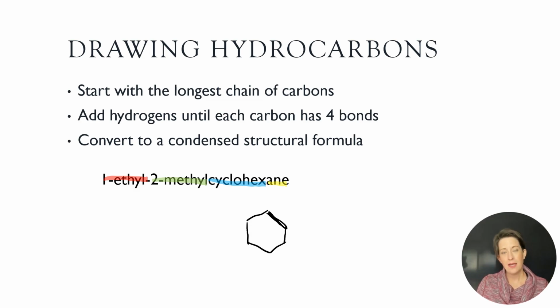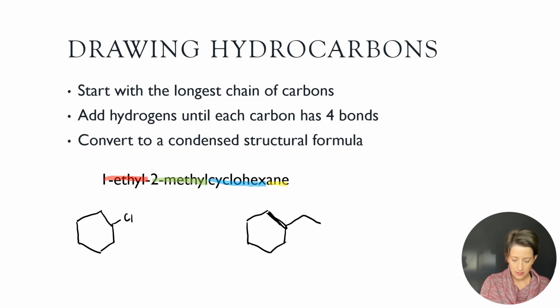Then I have a 1-ethyl, 2-methyl. It does not matter where I put carbon 1, pick one. So if you want to do an ethyl as a skeletal form, it's a zigzag. If you want to do an ethyl in its condensed form, it has 2 carbons, so it becomes CH2, CH3.